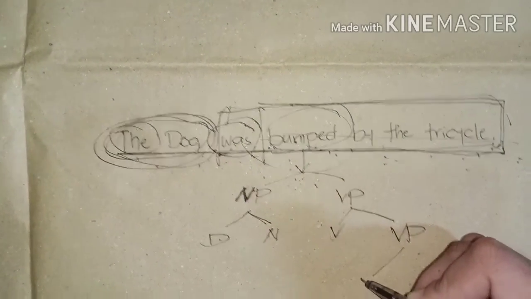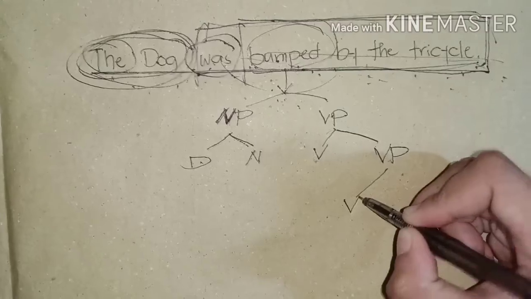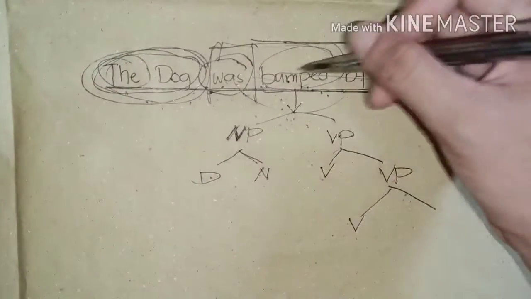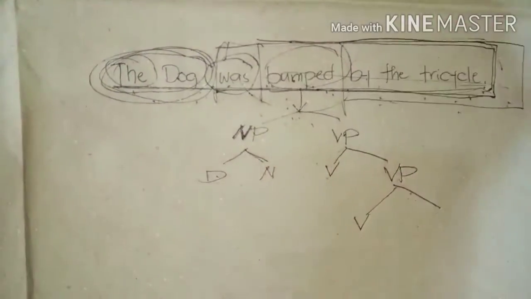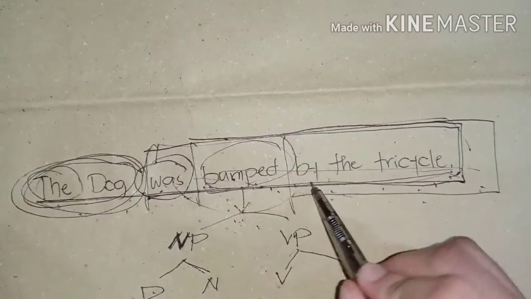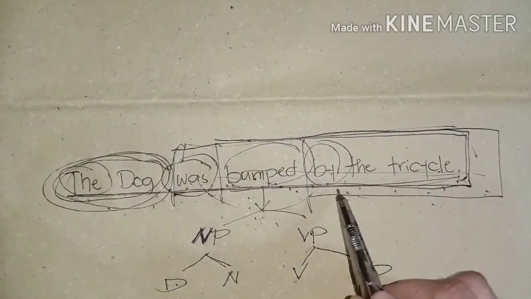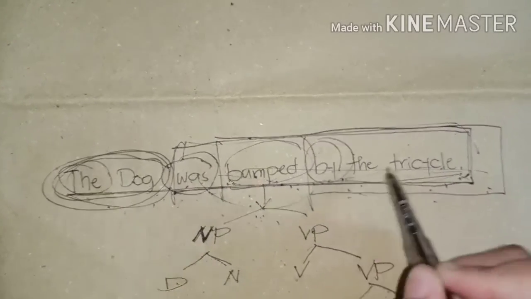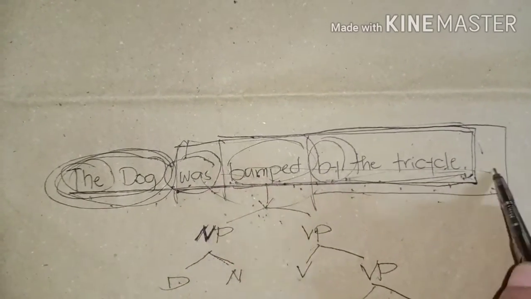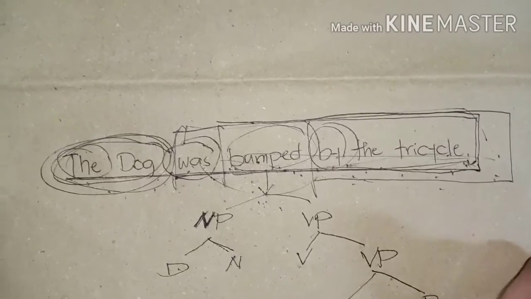So we're going to break down this verb. And now the remaining words are by the tricycle, in which by is considered a preposition that corresponds to the noun phrase. So this is a prepositional phrase.